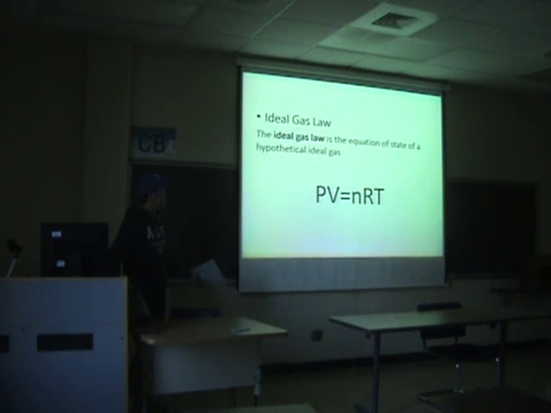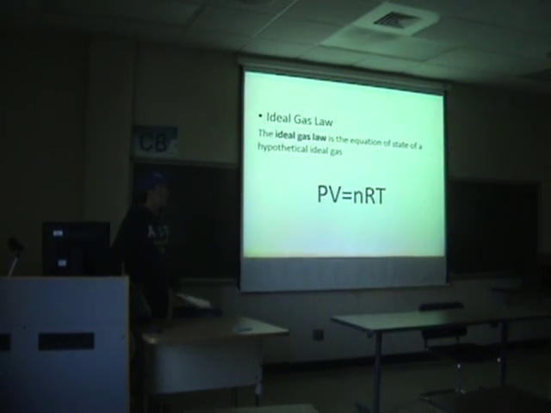This law is very useful to understand the behavior of gas under given conditions like pressure, volume, and temperature. The equation for the ideal gas law is PV equals nRT.